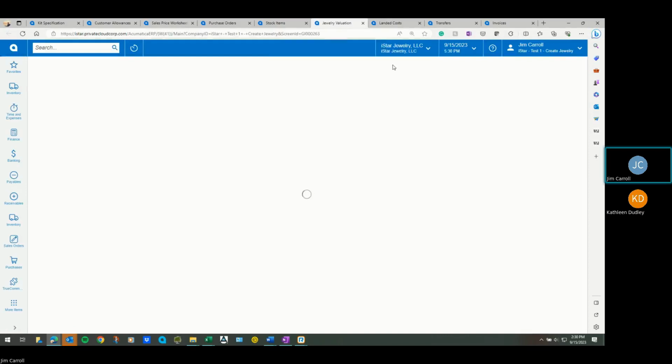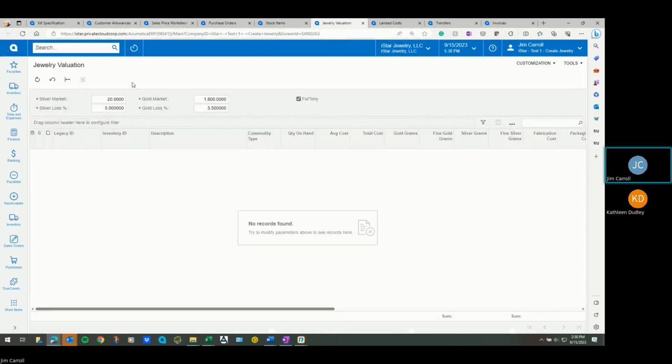As we run through stem to stern and we buy a lot of product and we put it into stock and we start building up a book of inventory, then we're able to put in the mark to market for gold, the mark to market for silver, push the button, and this will provide a GI that will go through the entire system, add up all the on-hand precious metal, and then on a mark-to-market basis, give you what the current value is.